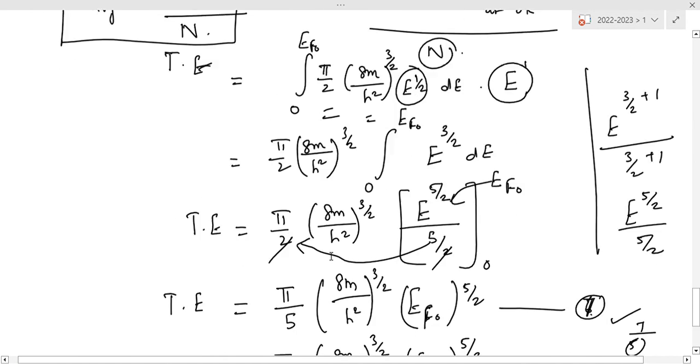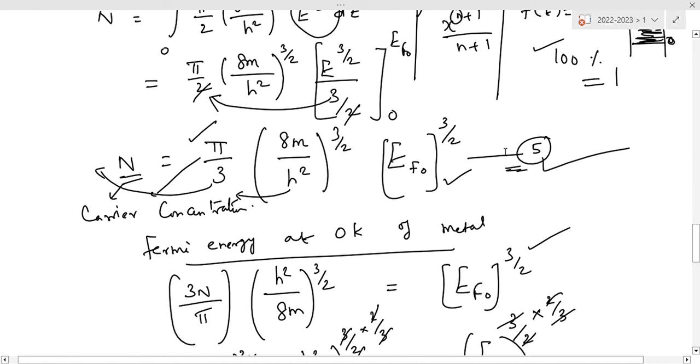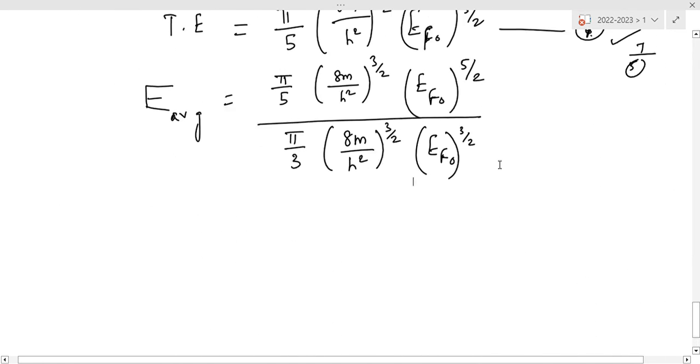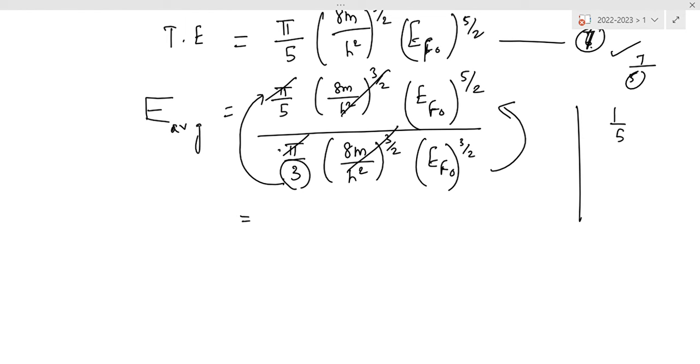So just check it out. This is equation number 5. So we cancel the like terms. These two get cancelled off, and the denominator of the denominator is taken to the numerator. Just like 1 by 5 by 1 by 3, it is 1 by 5 into the reciprocal 3 by 1, I get 3 by 5.